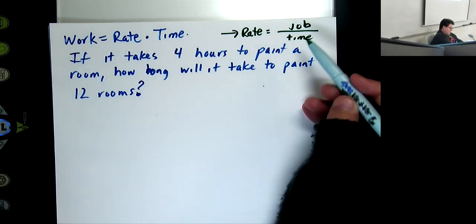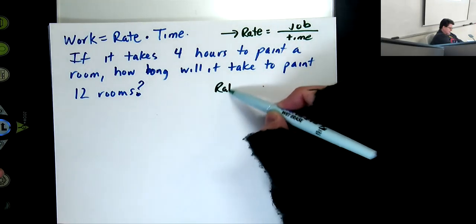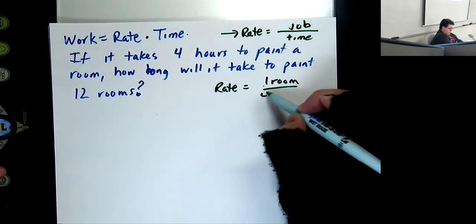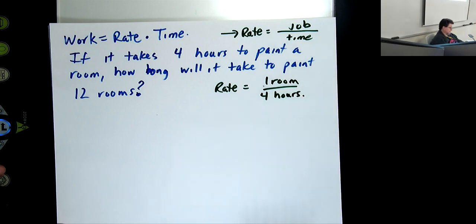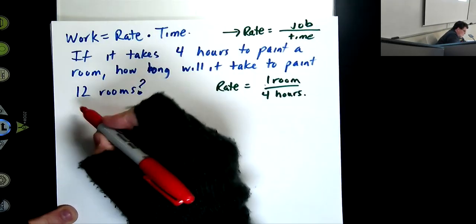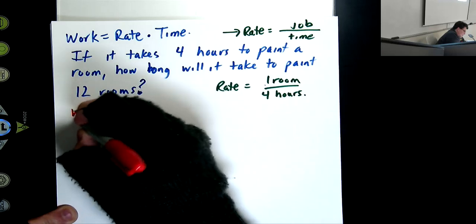So if I want to do the rate here, this is 1 room in 4 hours. So if I set this up, the amount of work done, the work I want done, I want 12 rooms painted.